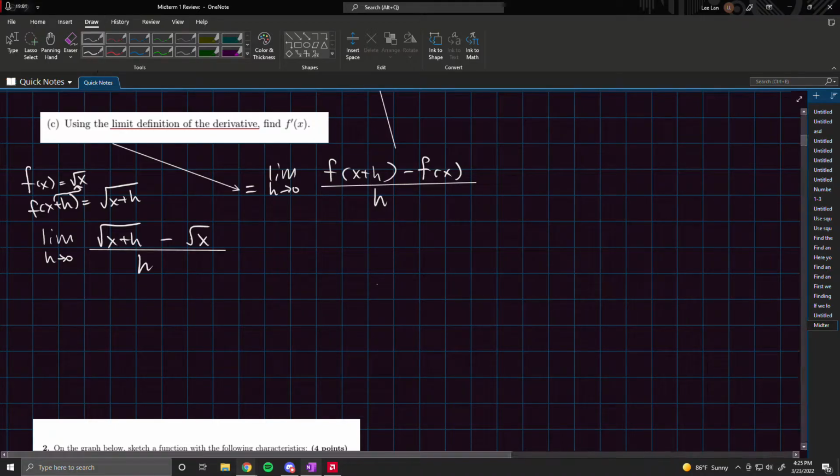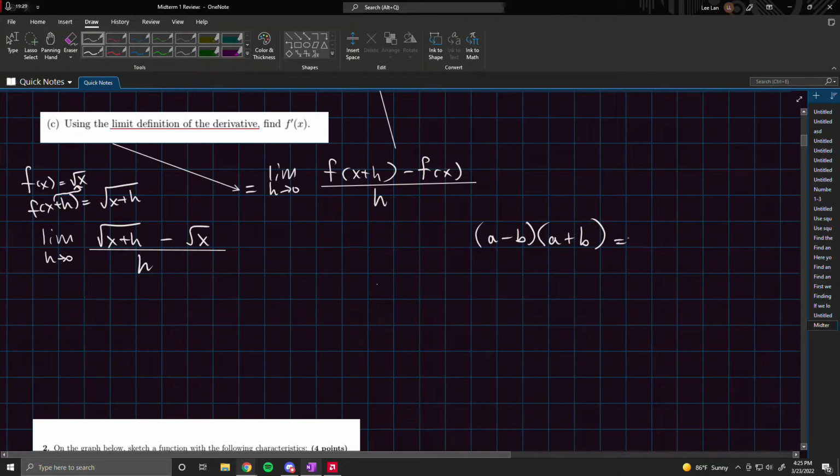So the thing about square roots is that they're telling me to multiply by the conjugate. So if this is like a minus b, with two terms, then the conjugate will be a plus b.